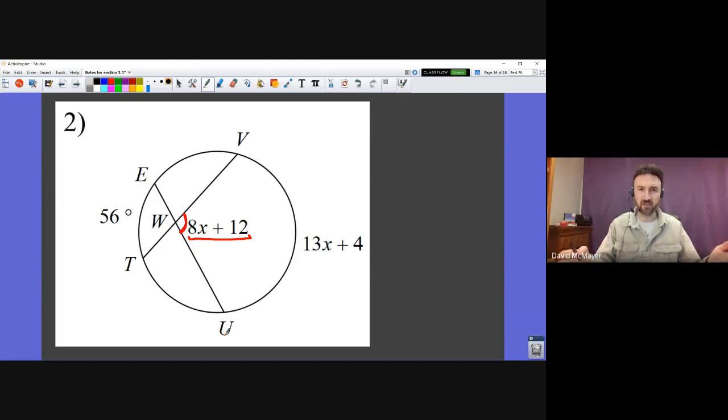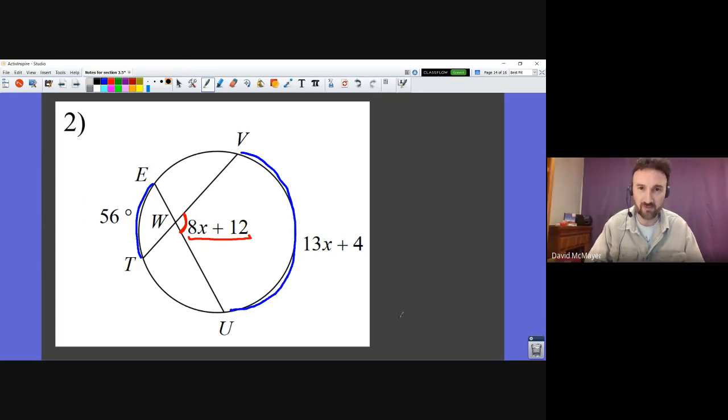So it's an algebraic expression, and we're going to have to try and do something with that algebraic expression. I know that relationship, or that measure, is related to one of the arc measures between E and T, and then this other arc measure between V and U.